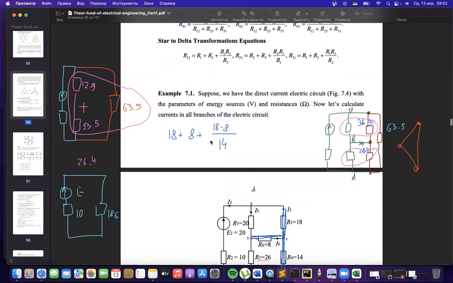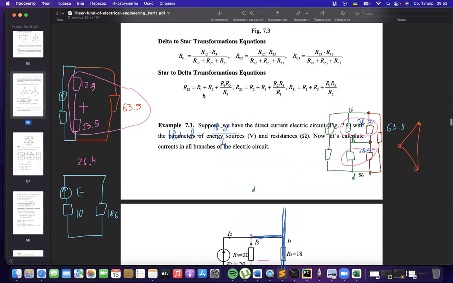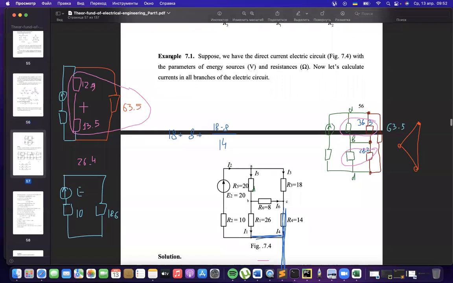And if we want to write this formula in the general case for our specific case of example 7.1, it should look like, sorry, some technical problems.